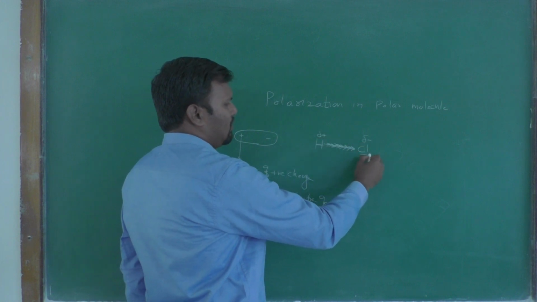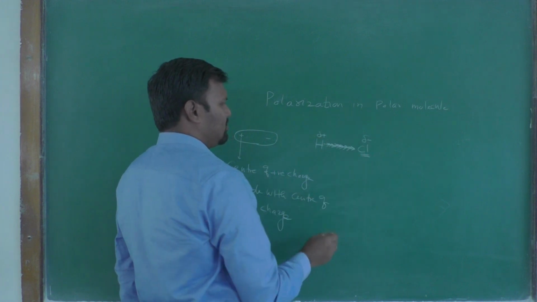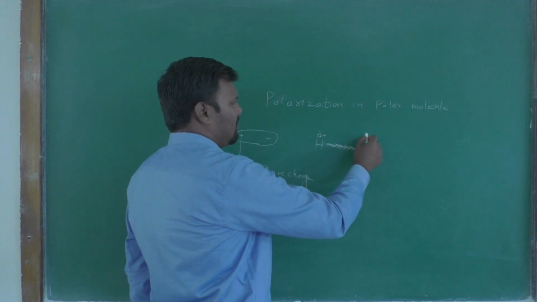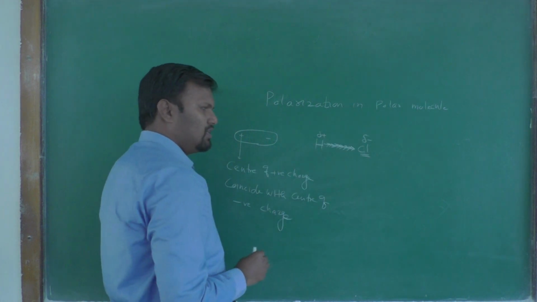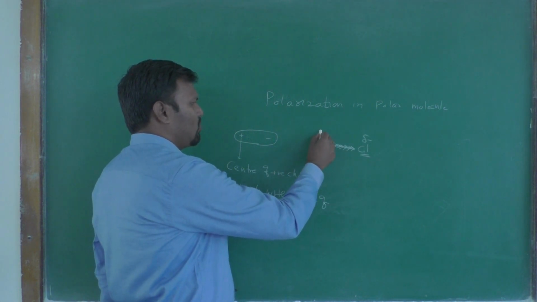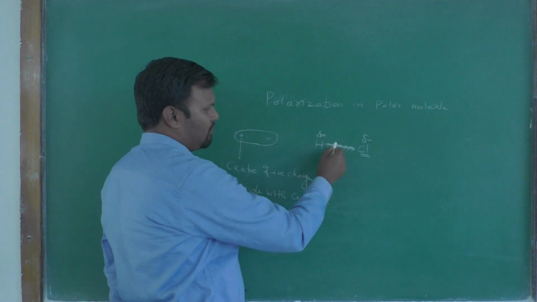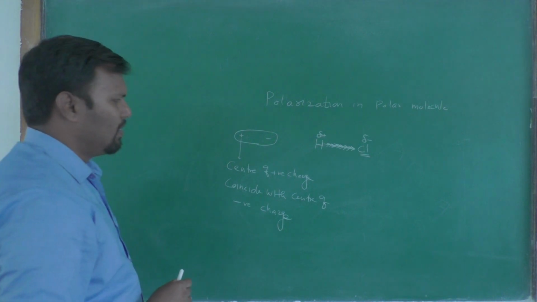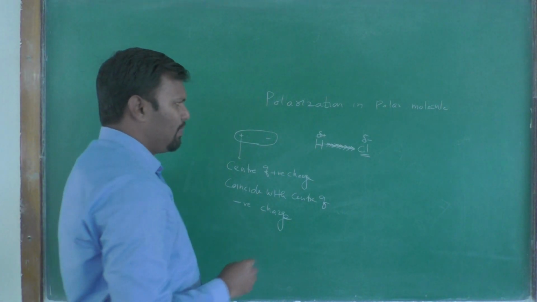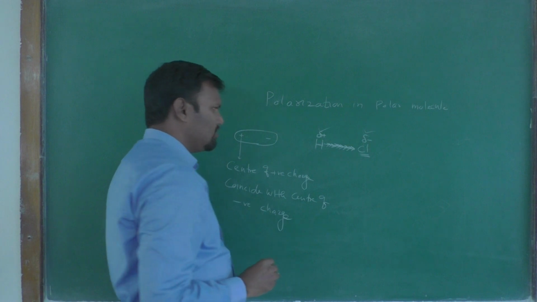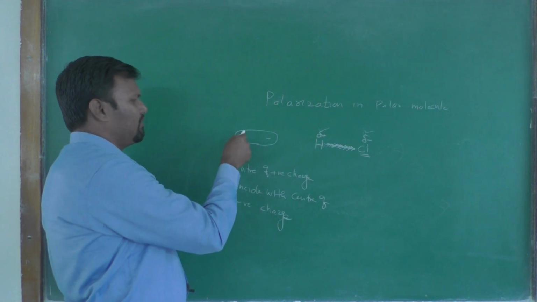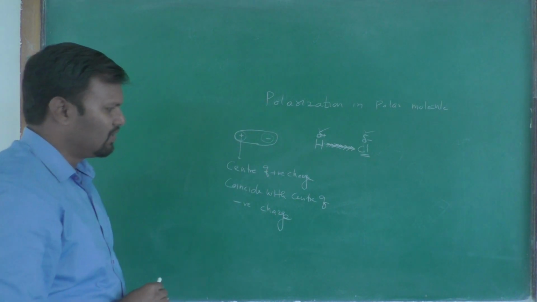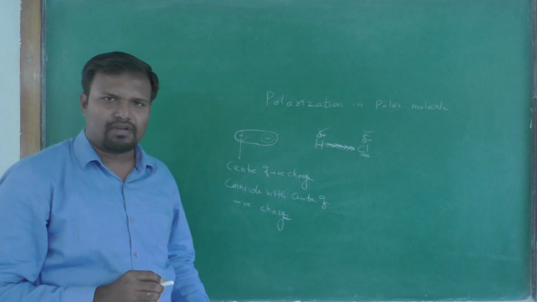The pulling atom has the delta minus charge, and the atom from which the electrons are pulled has the delta positive charge. Therefore in polar molecule there is a pole present. In other way we can say that the center of positive charge and the center of negative charge are the maximum apart from each other.